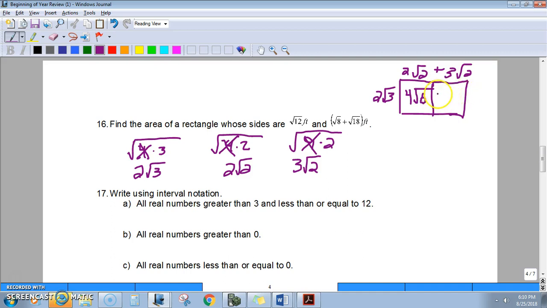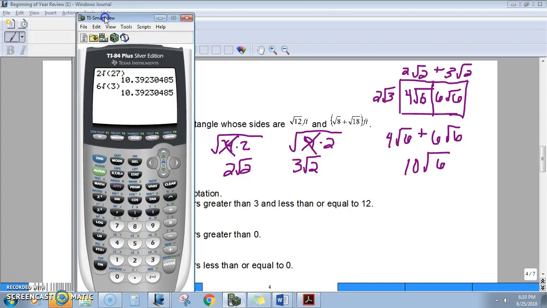And then the other side, this is just going to be 6 root 6. So the area of this entire rectangle, now I can just add 4 root 6 plus 6 root 6, and I get 10 root 6. And I don't think I can make root 6 any different because 2 and 3 don't have square roots, and neither does 6.